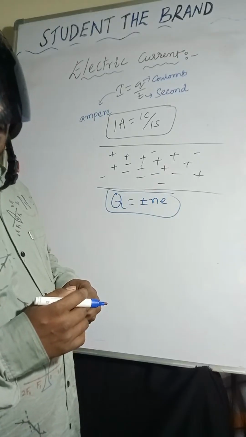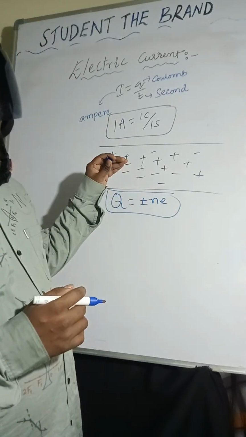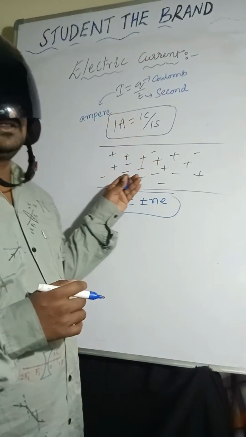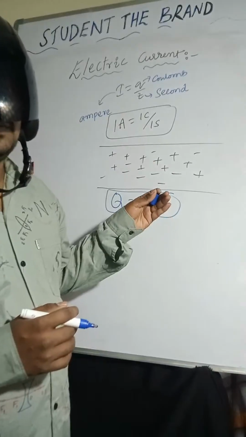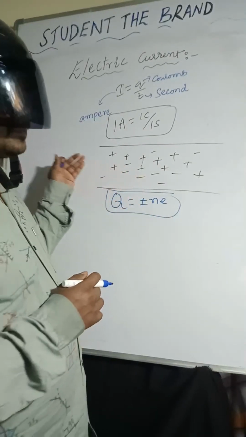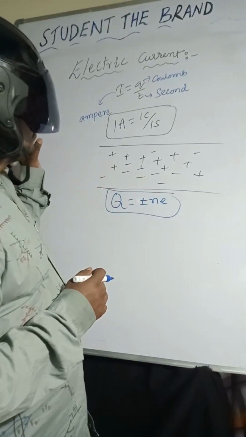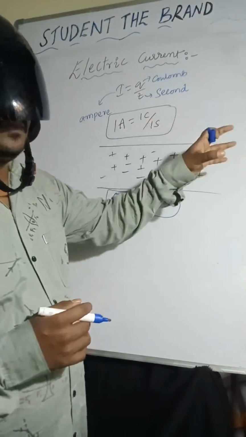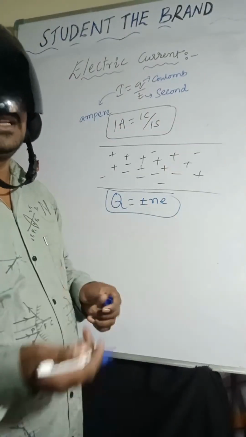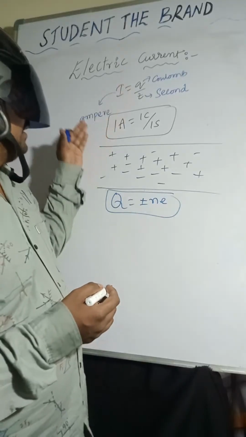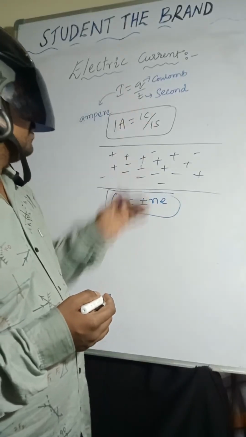If 1 electron or 2 electrons flow, we can't say current is flowing. If a number of charges are moving inside of the conductor, then we can say current is flowing. So I equal to Q by T, 1 ampere equal to 1 coulomb per 1 second.